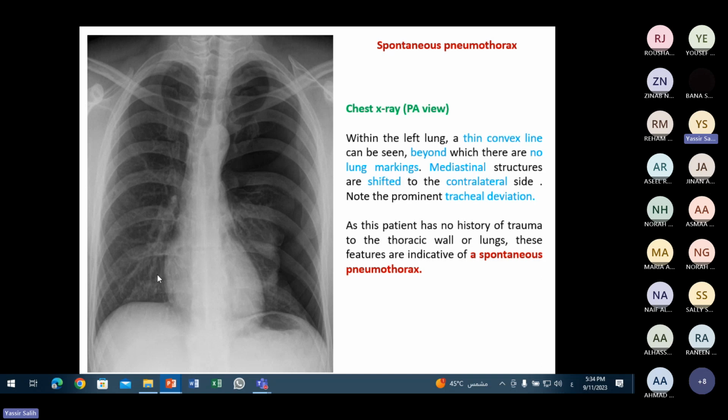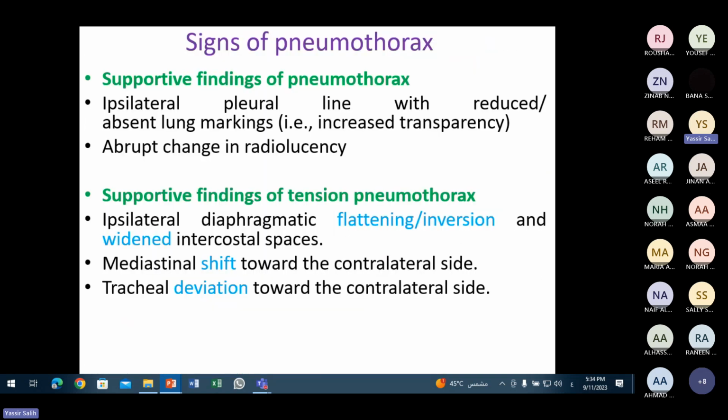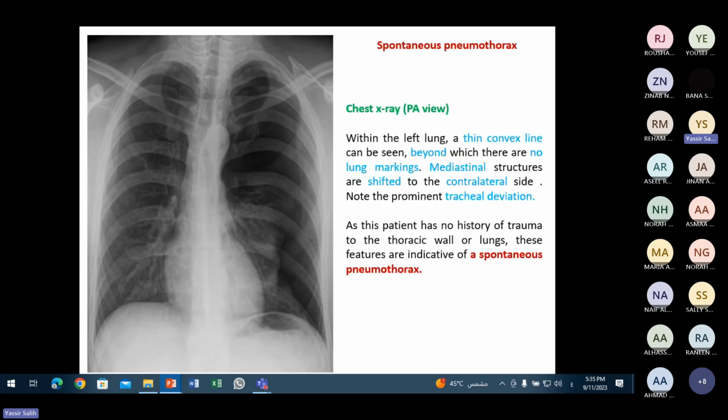This is a sign of tension pneumothorax: flattening or inversion of the ipsilateral diaphragm, and also intercostal space widening, the spaces between the ribs increase because of hyperinflation of the pleural cavity from a lot of air. In addition, as we said, mediastinal shifting and tracheal shifting.